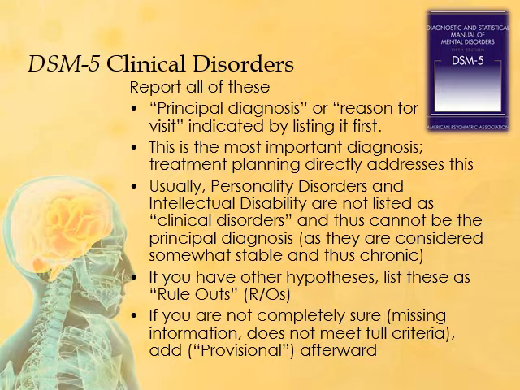Number one, and most importantly, if you give someone a primary diagnosis or a principal diagnosis, that should be the diagnosis that guides your treatment planning, meaning you should fit your theory and interventions to that first diagnosis and make sure that that first diagnosis is the one that you're really treating the most.